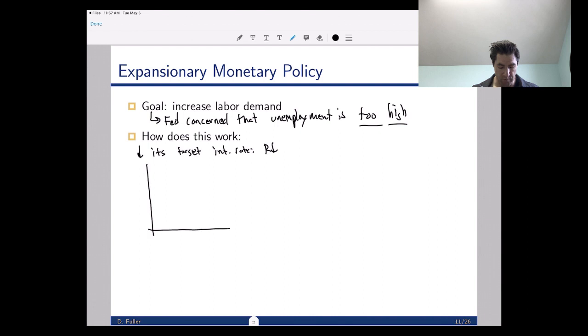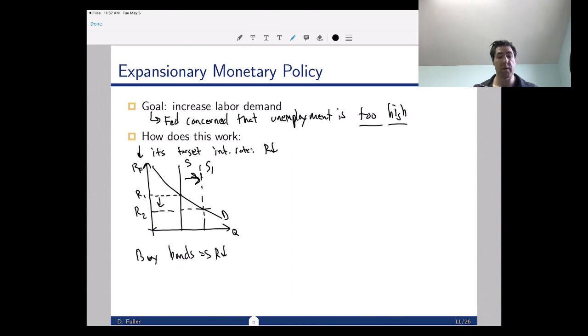And so in the federal funds market, here's its first target, and it's going to lower that target. And so it simply has to increase the supply of reserves to accomplish that. So it's going to buy bonds to decrease that interest rate.